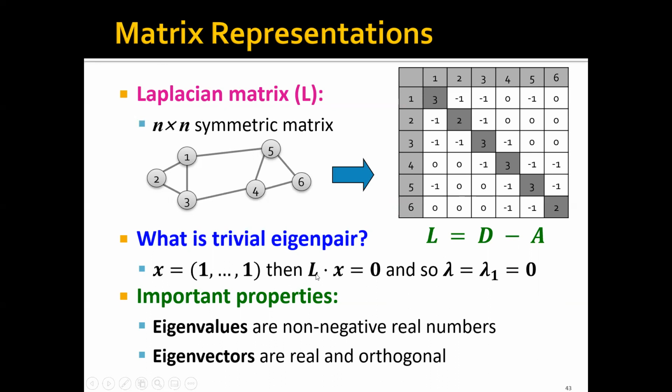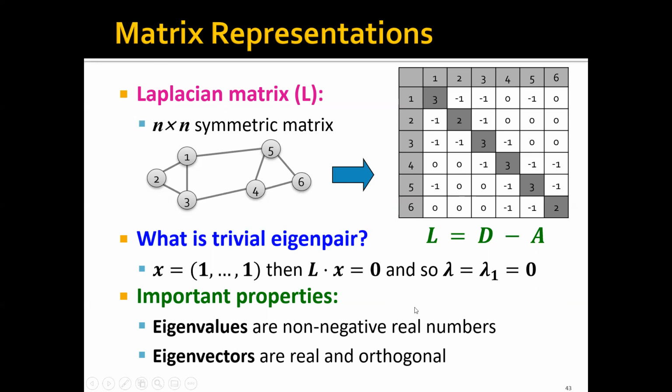Since L times x is equal to 0, the corresponding eigenvalue lambda is also 0. Therefore, we find an eigenpair where the eigenvector is a vector of all ones and the eigenvalue is 0.